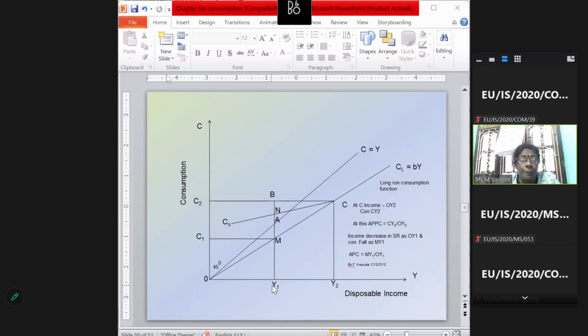Here we assume that income decreases from Y2 to Y1. Then what happens according to the Keynesian absolute income hypothesis? Once the income decreases, consumption also decreases, from C2 to C1.